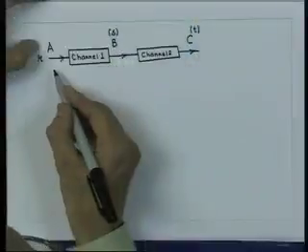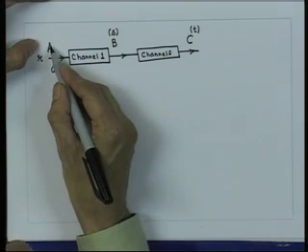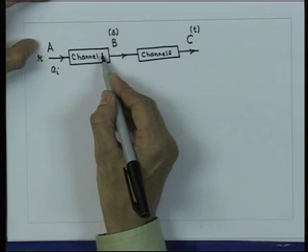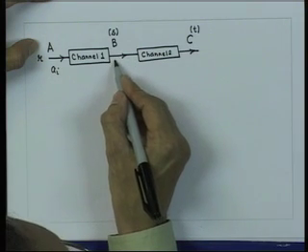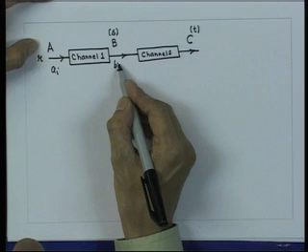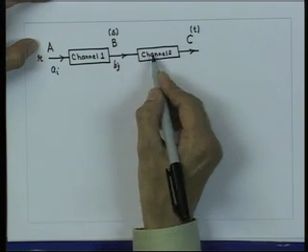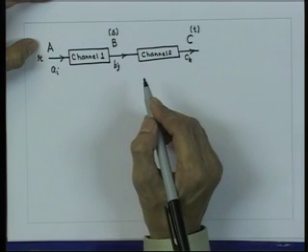When A i, a symbol from A, is transmitted along channel 1, the output of the first channel is say B j. In turn, B j produces an output C k from the second channel.